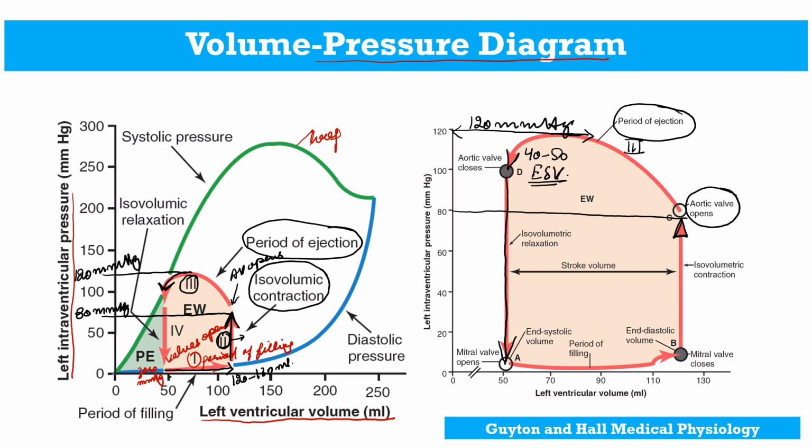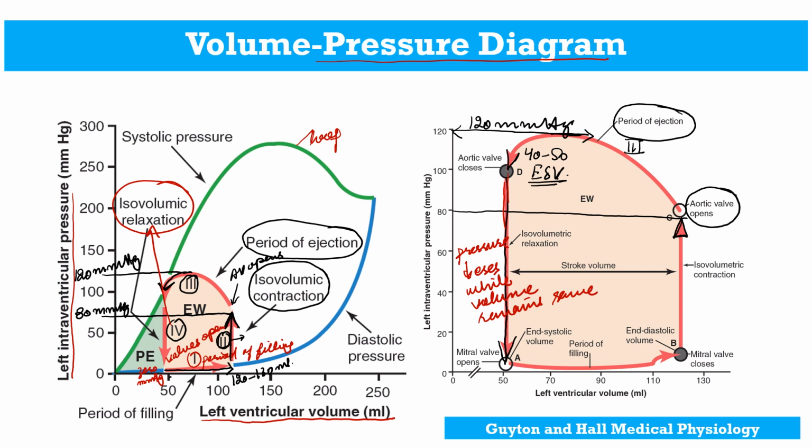Then comes phase 4, and this phase 4 is called isovolumic relaxation, and during this phase the pressure decreases while volume remains the same.